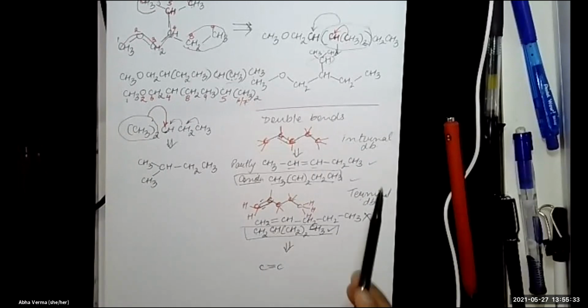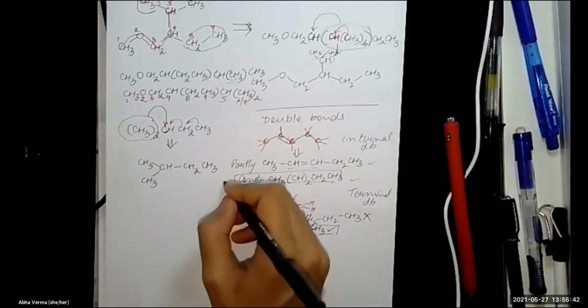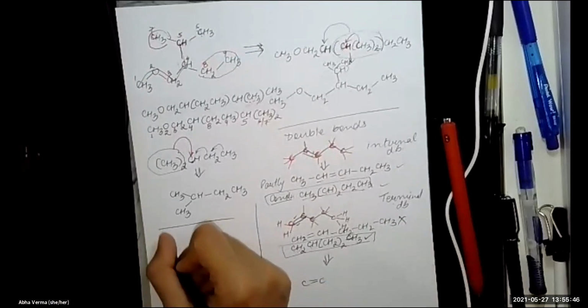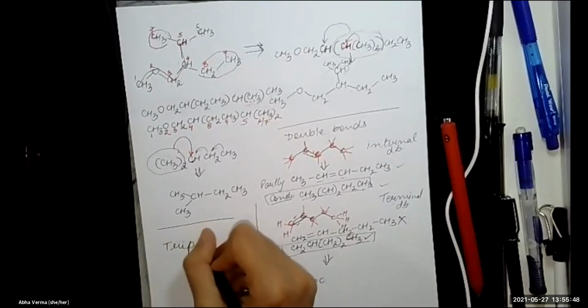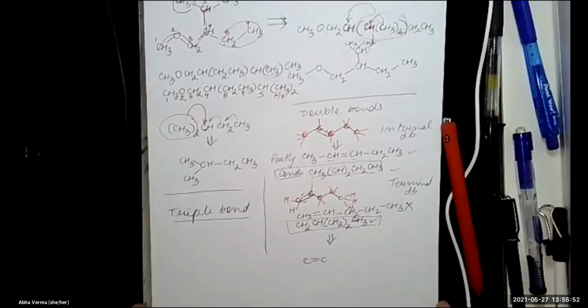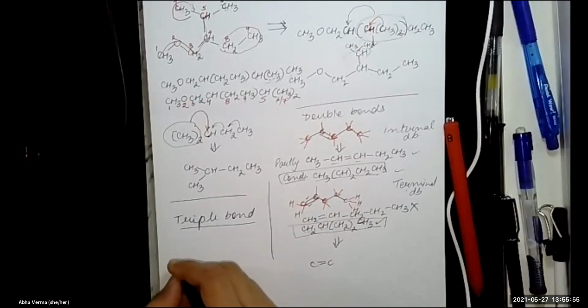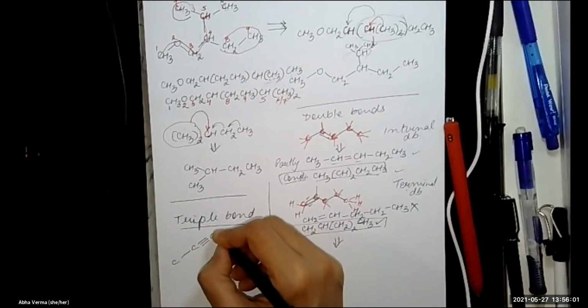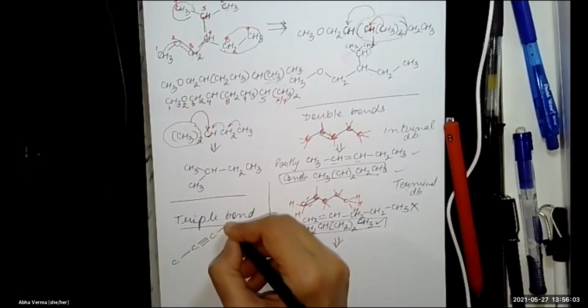Okay. So writing double bonds internally or terminally, you will still use the zigzag format. But when you will write the triple bond, you have to be a little careful. So carbon, carbon, triple bond, carbon, and then carbon.